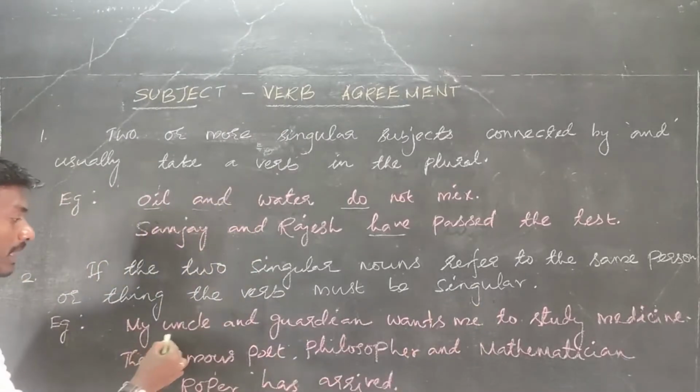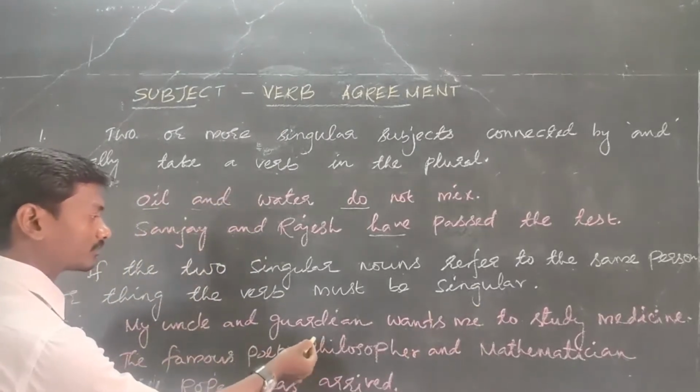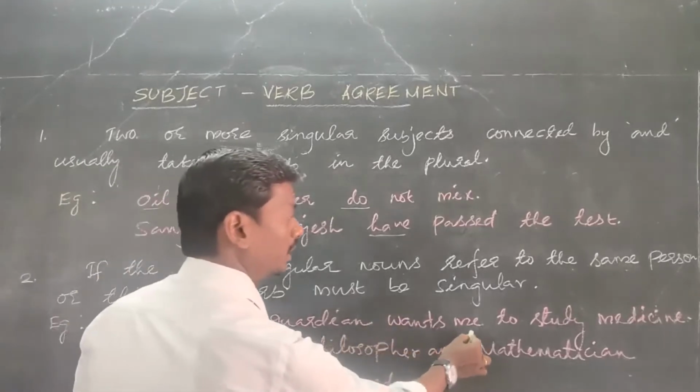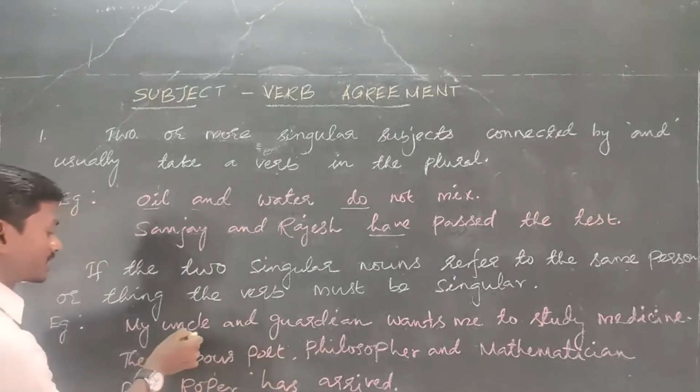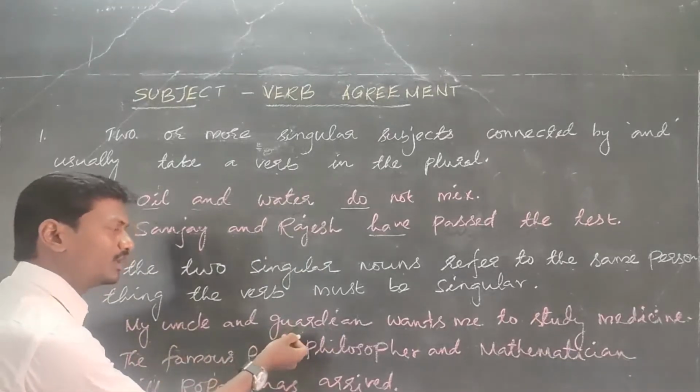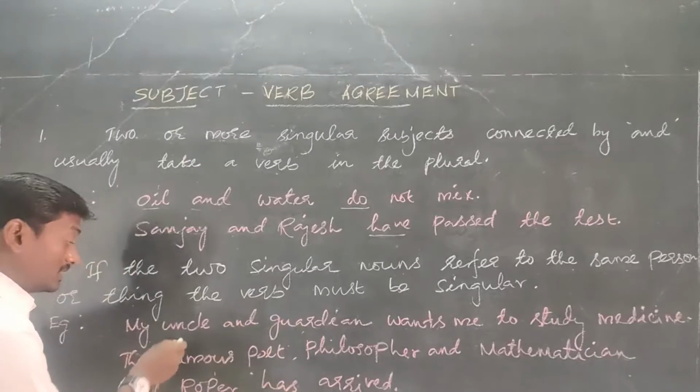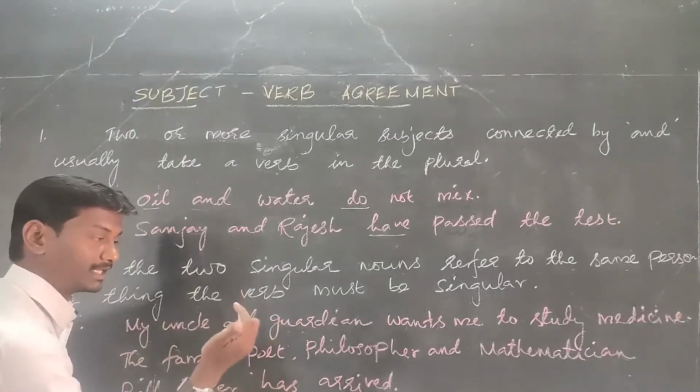Example, my uncle and guardian wants me to study medicine. Who is uncle? Guardian. Who is guardian? Uncle. Same person. Okay, listen.